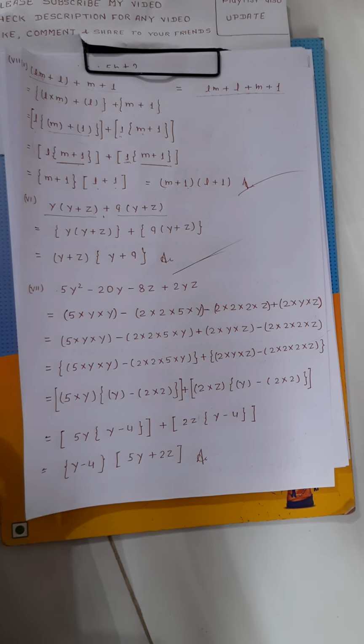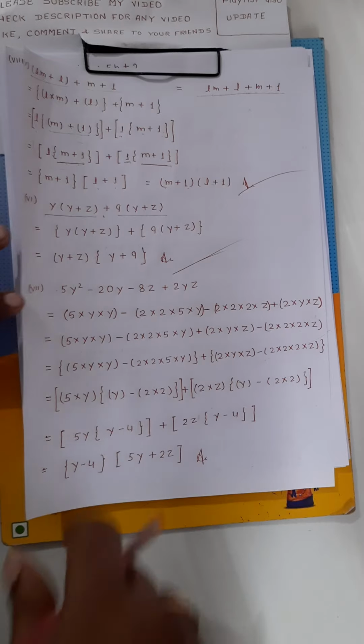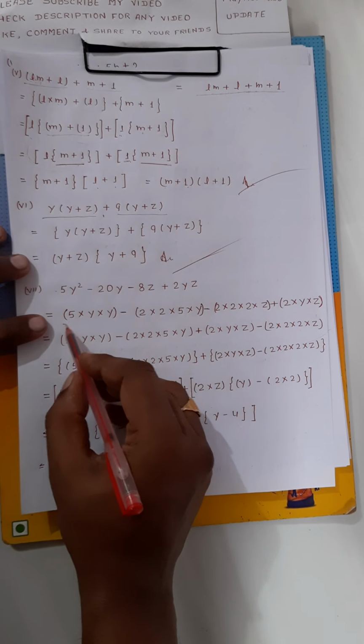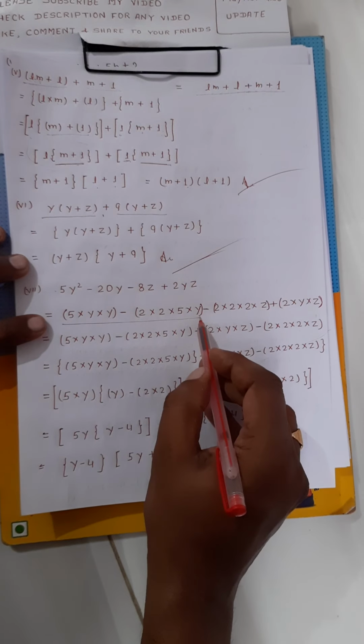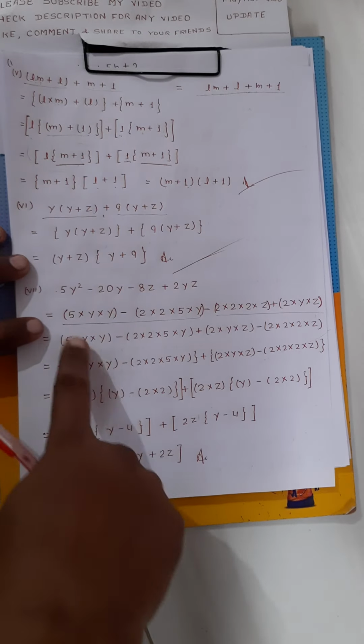So first of all we make 2 groups of 2 terms. If we make these 2 terms the first group and these 2 terms the second group, what will happen?